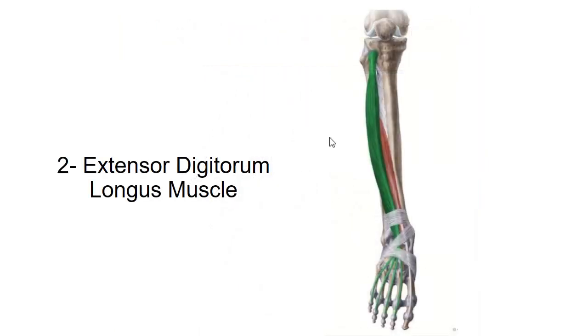Now the second muscle in this group is extensor digitorum longus muscle, which is the most lateral of anterior leg muscles. This green one is extensor digitorum longus muscle.